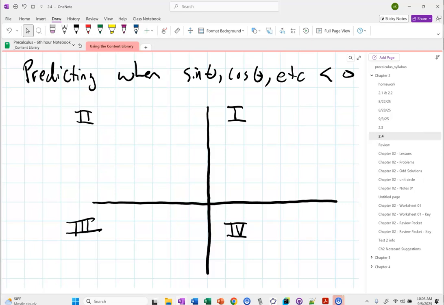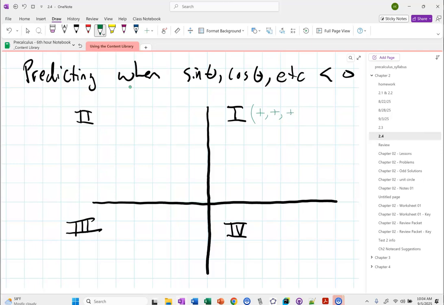So what I've drawn is the XY axis, and I've labeled the quadrants 1, 2, 3, and 4 in the standard way. If I think about quadrant 1, all of our x coordinates in quadrant 1 are positive. All of our y coordinates in quadrant 1 are positive.